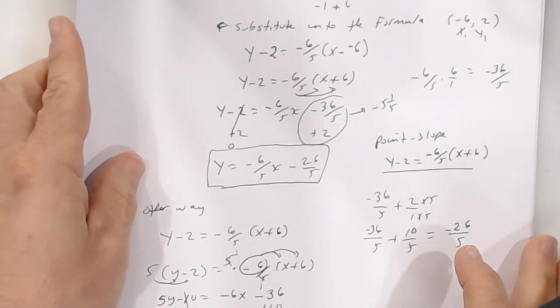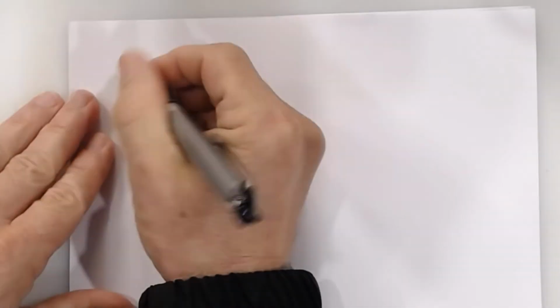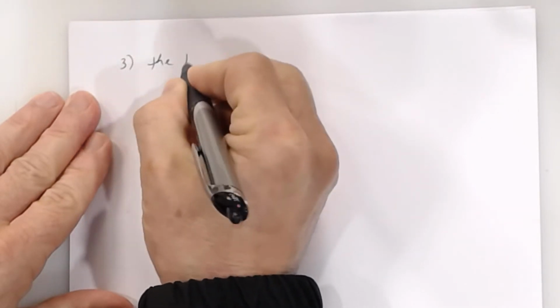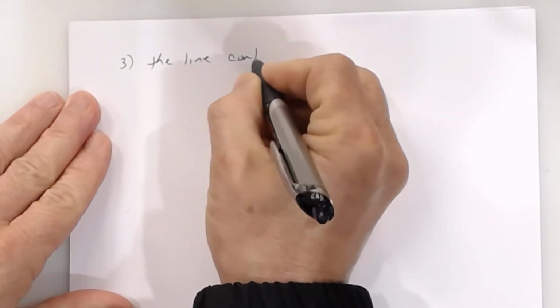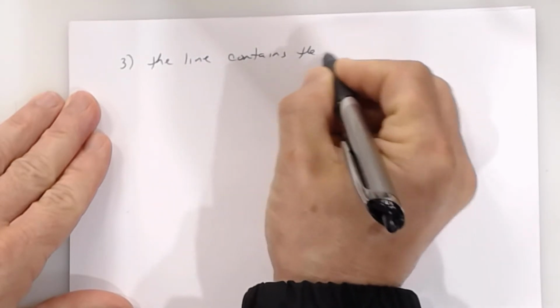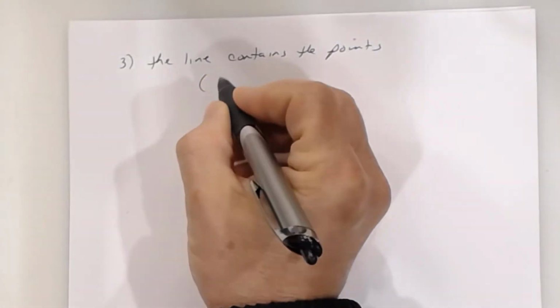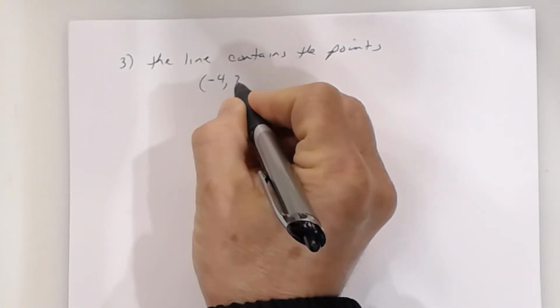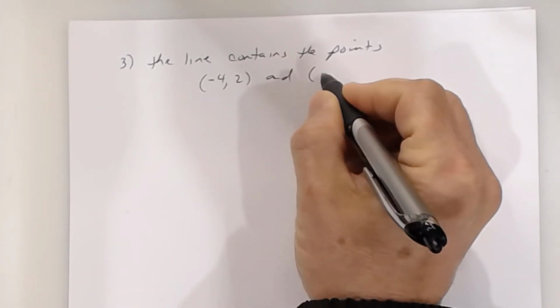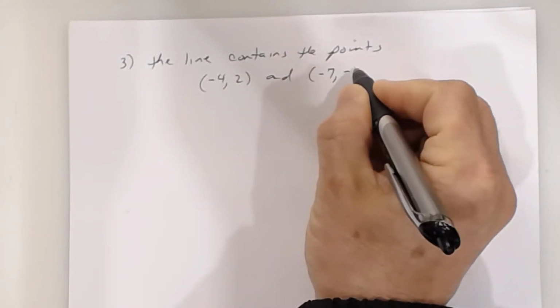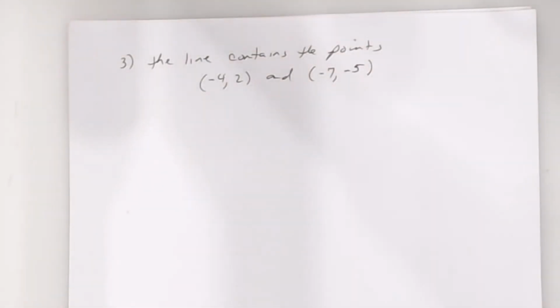Number 3, the line contains the points negative 4, 2, and negative 7, negative 5.